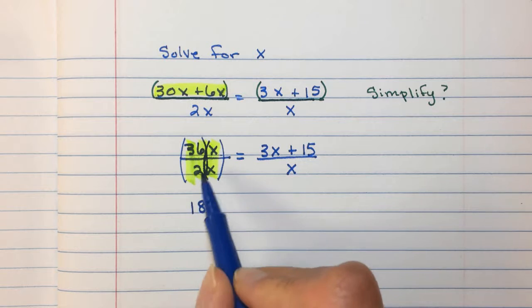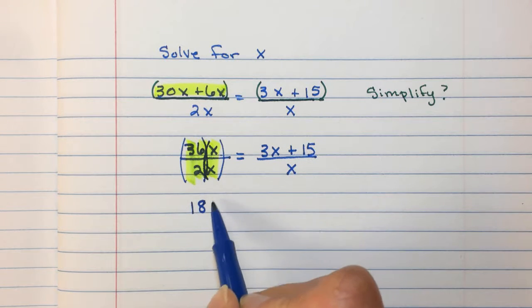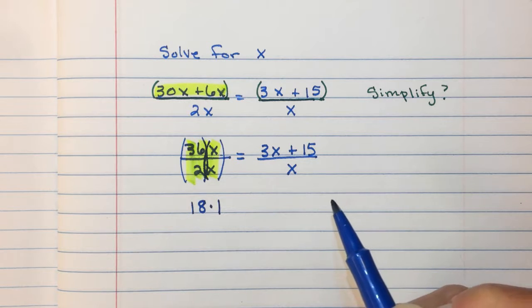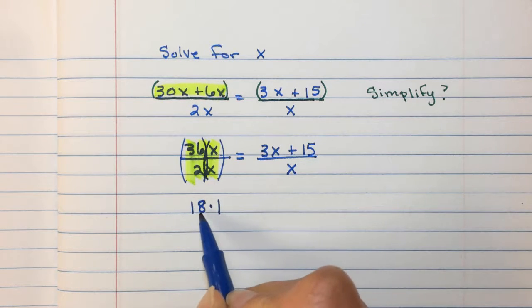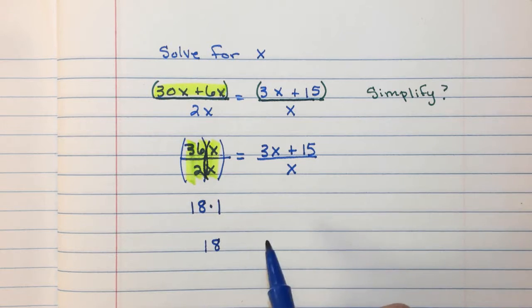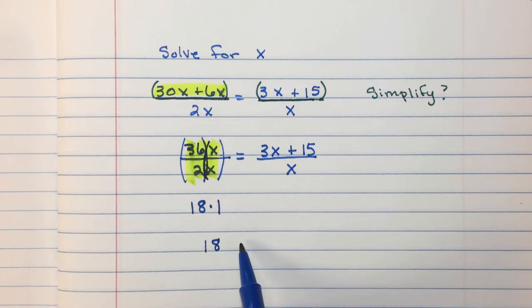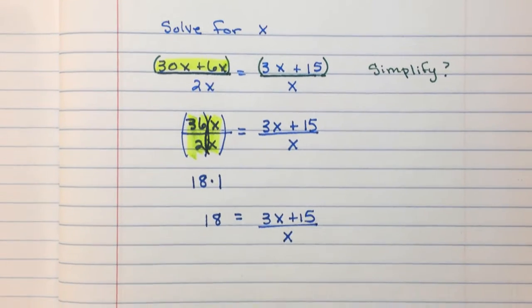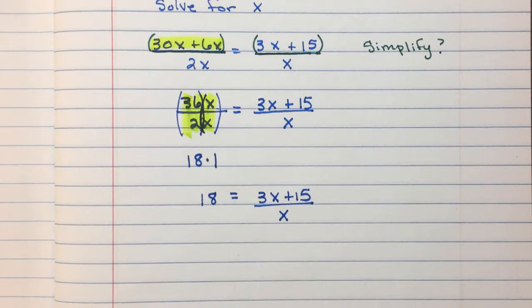So that would be the same as 18 times 1. I'm going to go ahead and write that like this, 18 times 1. But I know that 18 times 1 is just 18, so I can simply write 18. So that leaves me with this simplified as such.